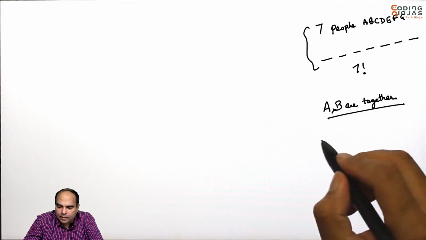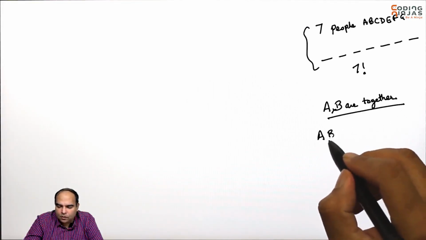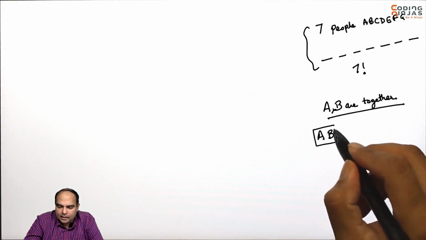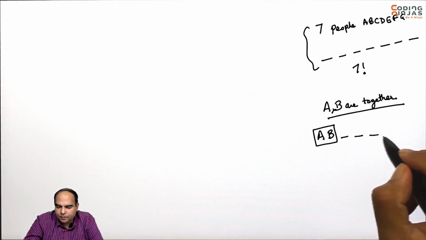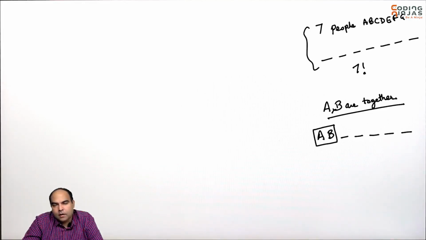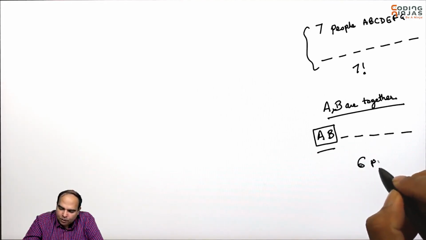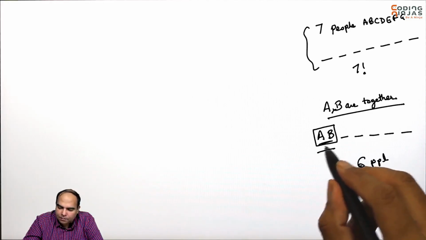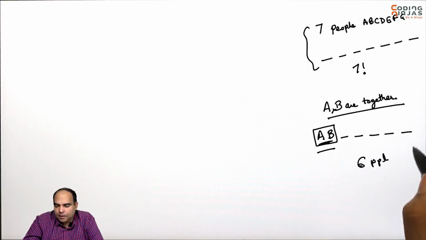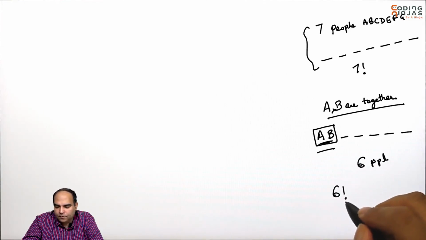If A and B are together, in that case, the arrangement scenario is seen as AB as one person and 5 more people separately. So effectively, you have 6 people whom you are arranging, because AB is taken as one person. So 6 people in 6 places will be 6 factorial.